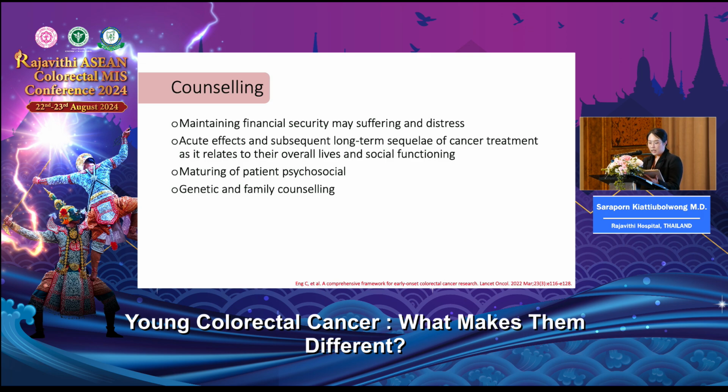But our young patients have an active life and a lot ahead of them, so they might have more expectations or more they plan to do in the future, such as maintaining their financial security and their job, or the subsequent results from treatment may affect their long-term lifestyle.